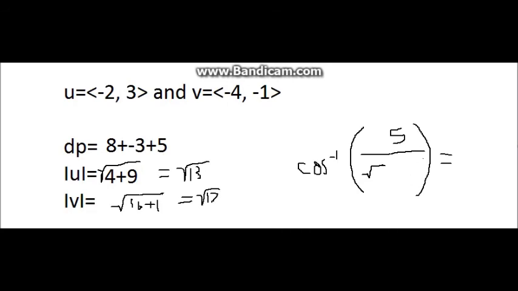So you've got the square root of 13 times 17. Plug that into your calculator, and you should have gotten about 70 degrees.